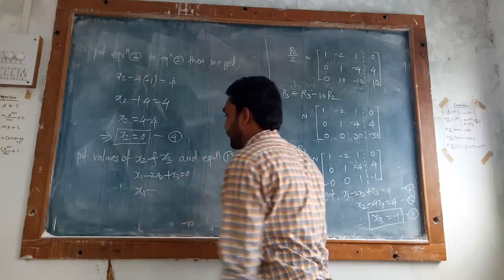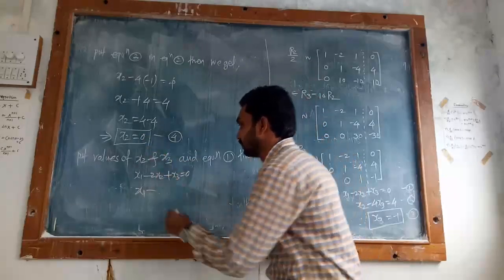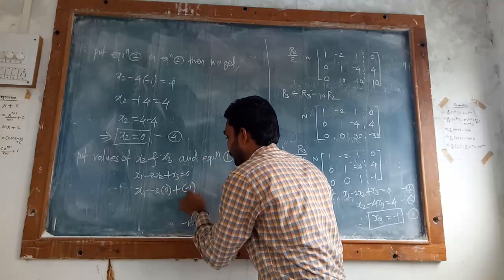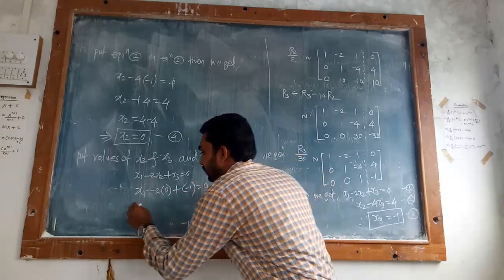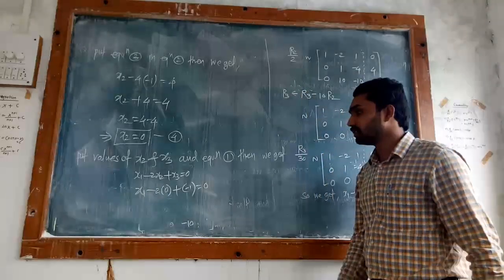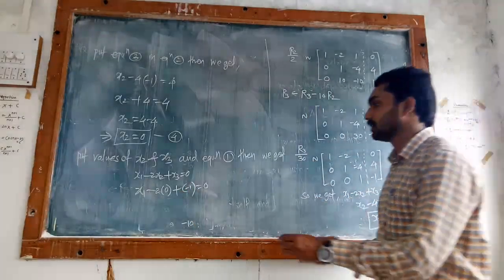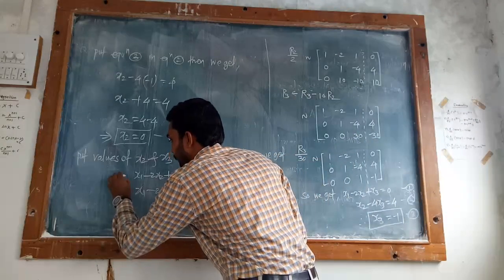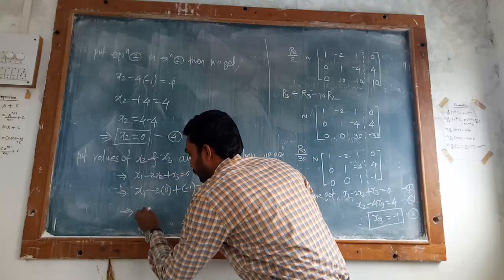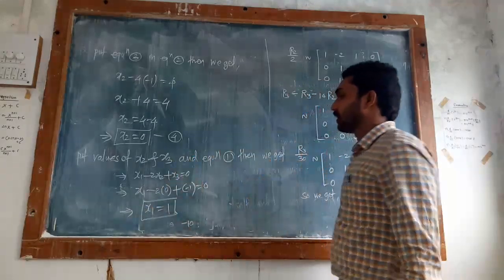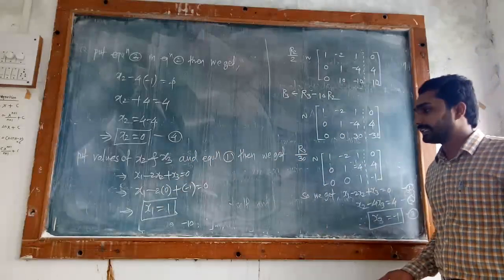So x1 minus 2 into the value of x2, which is 0, plus x3 which is minus 1, equal to 0, right? So 2 into 0 is 0. So this value is minus 1. Shift minus 1 to the right side, then plus 1. So the value of x1 becomes plus 1. Therefore we get the values of x1, x2, x3.